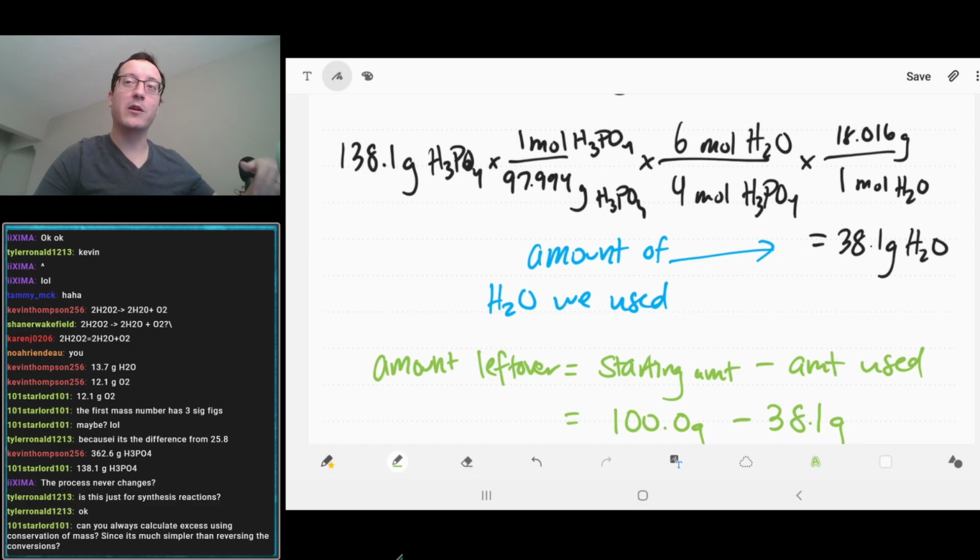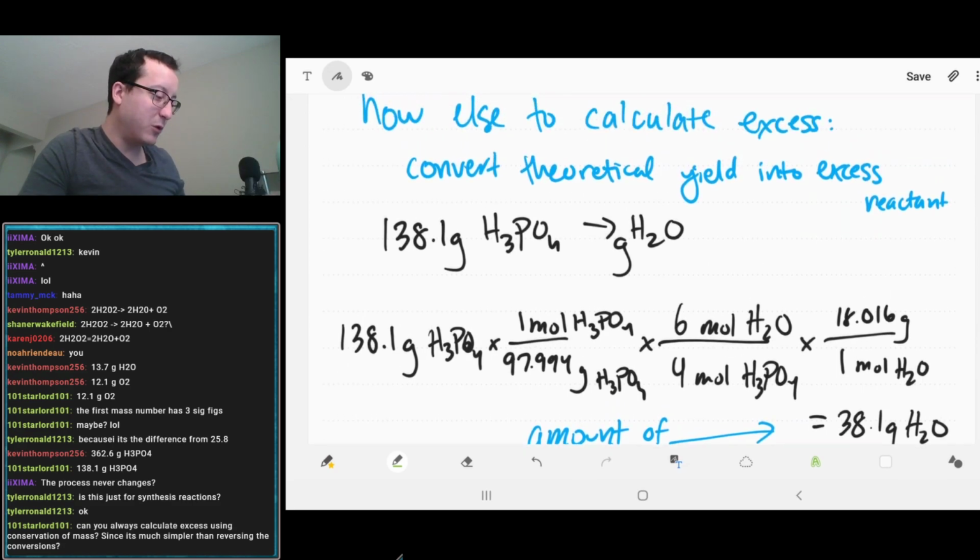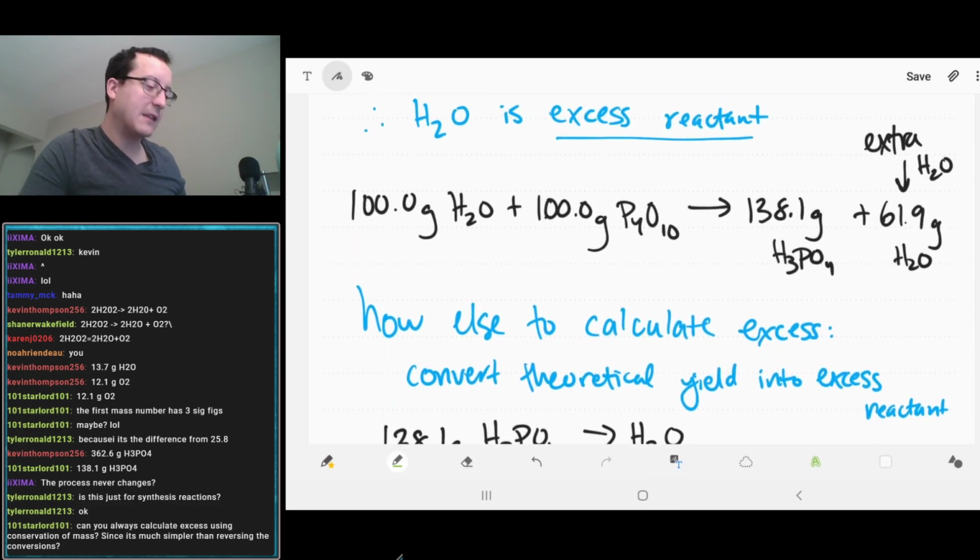Then we take what we started with, subtract what we used, and see what's left over. Just like before with that hydrogen thing, we started with 4 hydrogen atoms. We used 3 of them. We had 1 hydrogen molecule left, right? And that was those lovely pictures that I drew. But for sure right now, we have our conservation of mass. Save yourself some time.